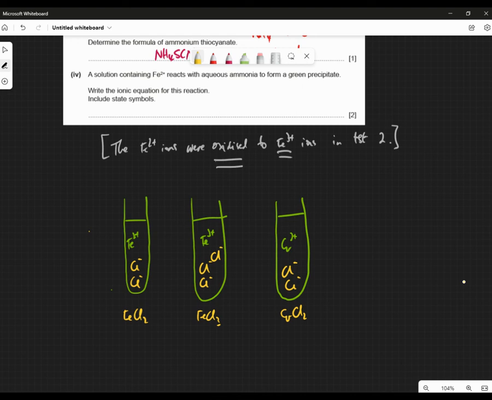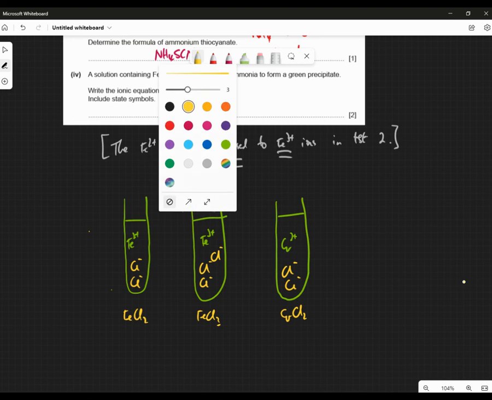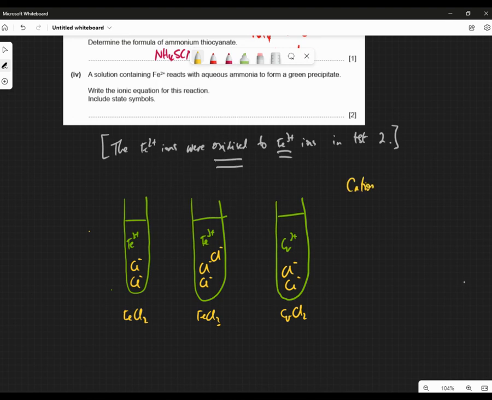Okay, now let's pretend we don't know what the cation is. Now don't forget, all of you, the cation is the metal ion. Okay, and the anion is obviously the non-metal ion. How do we test for cations? What we do is we form the hydroxide. Okay, and why do we form the hydroxide?